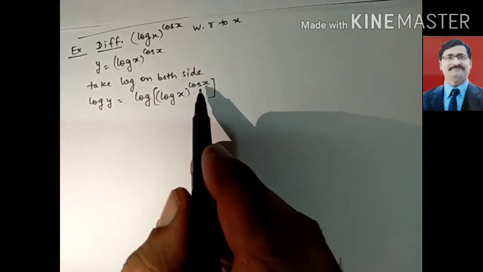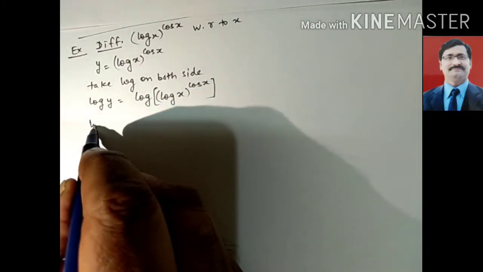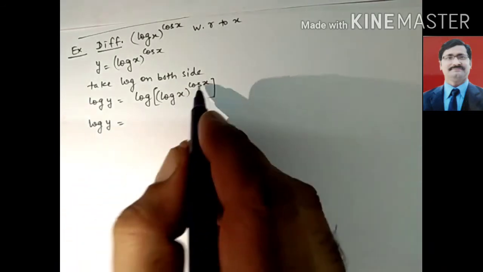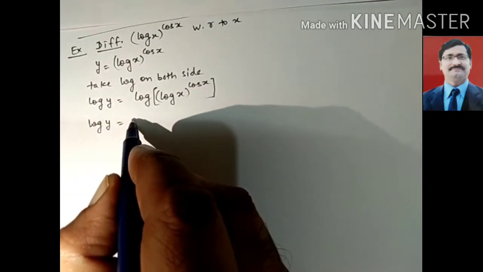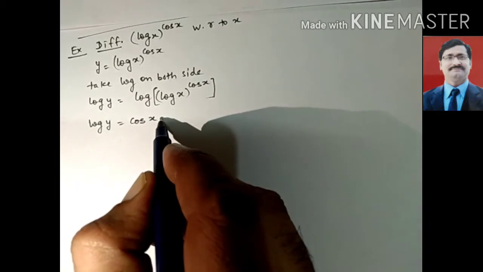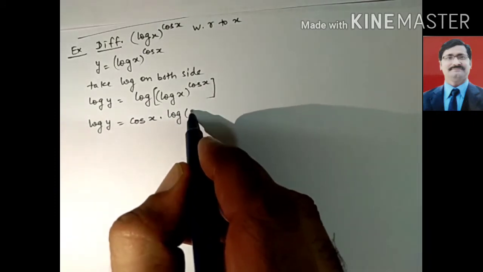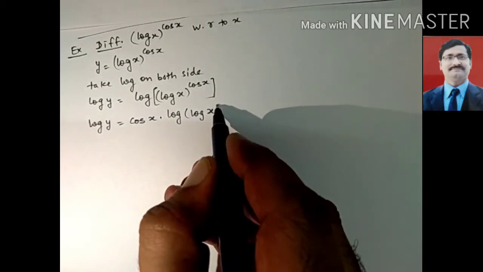Now this cos x will be in multiplication, so you can write log y equal to cos x into log of (log x).